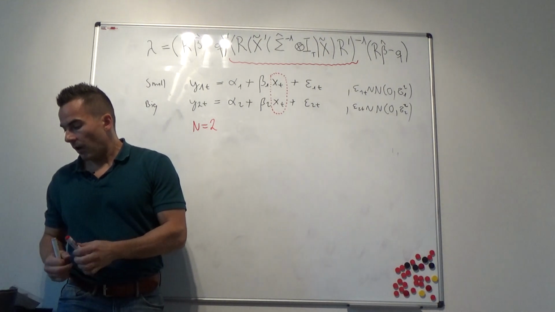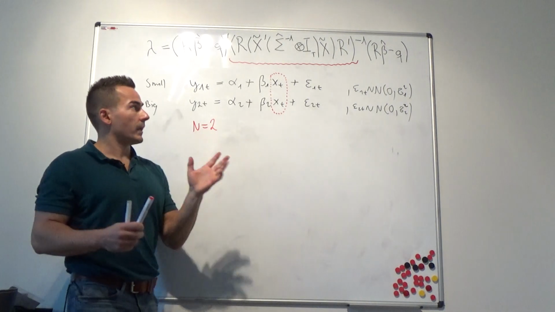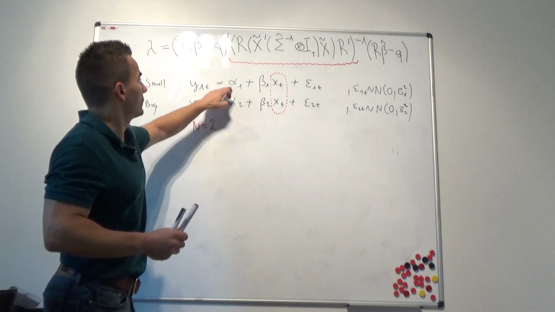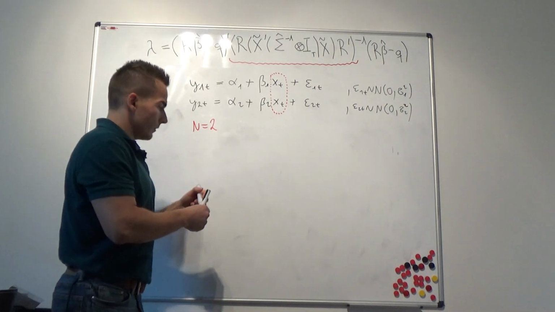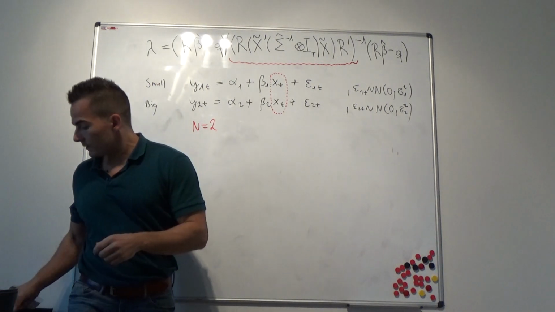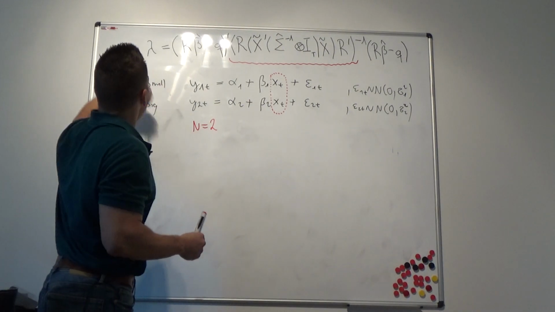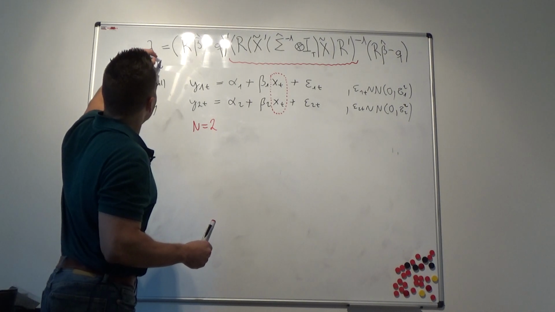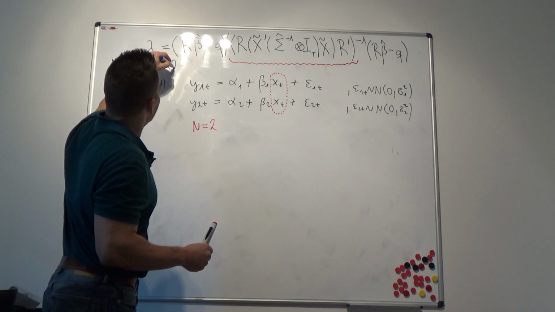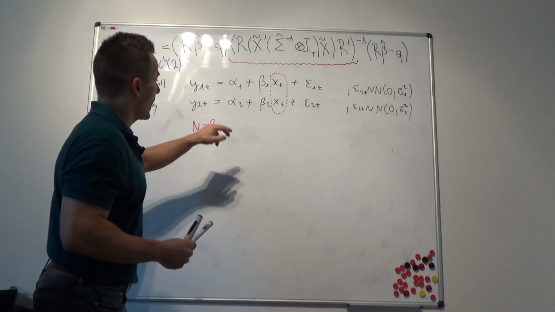So our test statistic, because we are interested in these two parameters here, is distributed as a chi-square distribution with 2 degrees of freedom. So this lambda, in our case, is distributed as chi-square with 2 degrees of freedom, because we test 2 parameters here, and we have 2 equations.